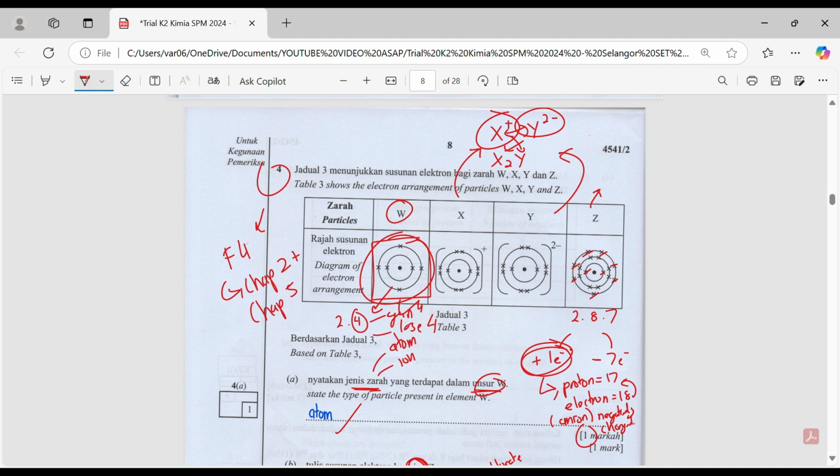Alright. In this case, what you have to do is that you have to check whether these two unsurs are unsur logam or unsur bukan logam. Right? So based on its electron numbers, you can actually know what unsur W is and what Z is. Why? Because you have been given with periodic table.